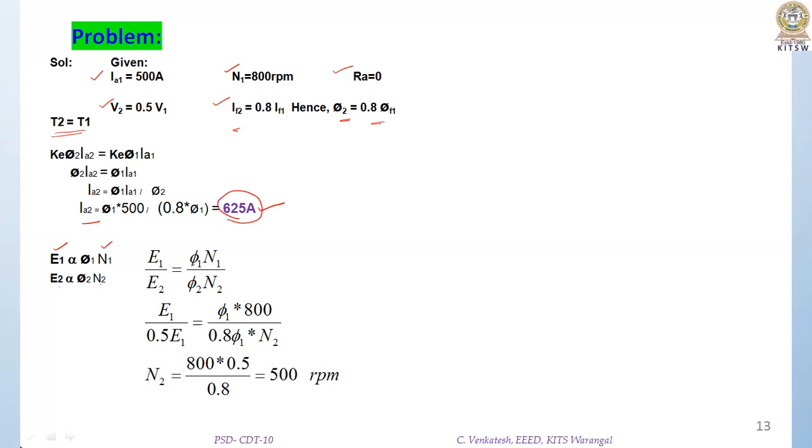So E1 by E2 is equal to phi1 N1 by phi2 N2, and substituting you will get N2 as 500 rpm. So what is the observation here? Under normal condition, 800 rpm was there. As voltage was decreased, speed has decreased. As flux is decreased, then to maintain the same torque, current has increased. That is the observation.